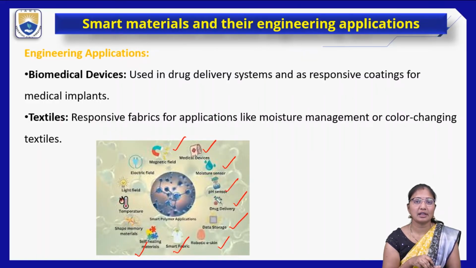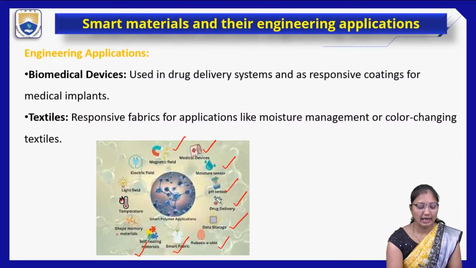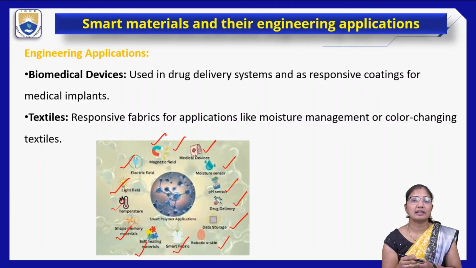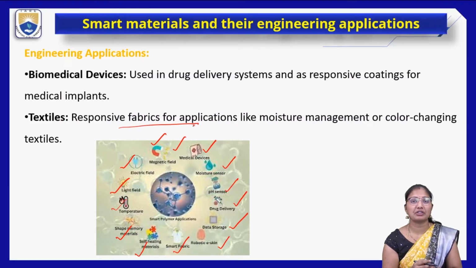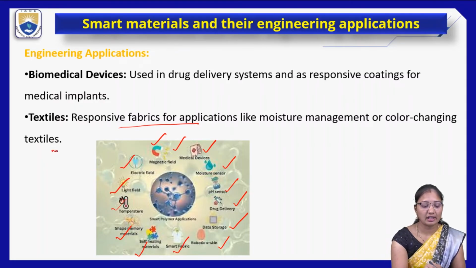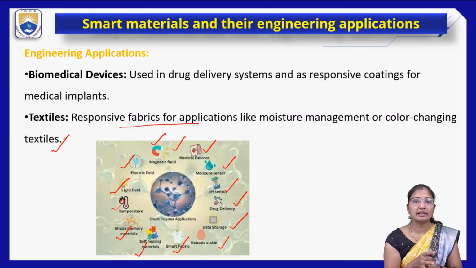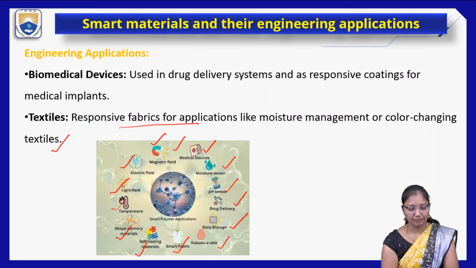So these materials are used to give self-healing on the wound surface. With shape memory materials responding to temperature, light, electric field and magnetic field, these smart polymers have varied applications in all industrial fields. Responsive fabrics for applications like moisture management or color changing textiles also use these smart polymers.